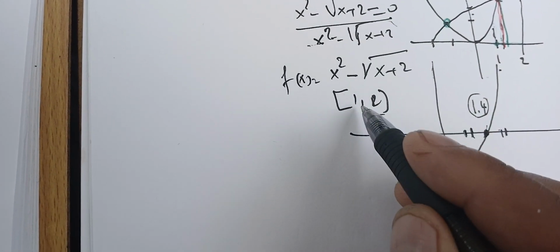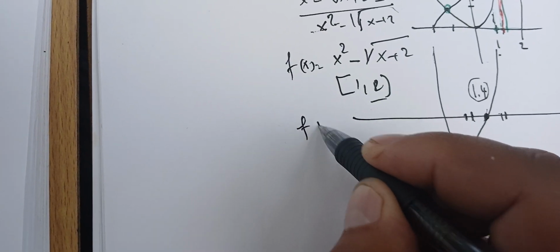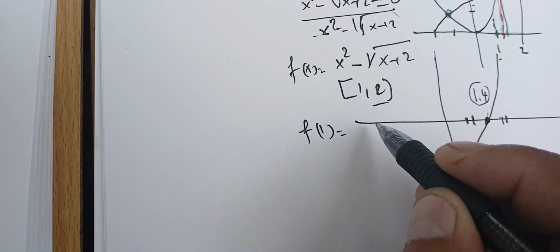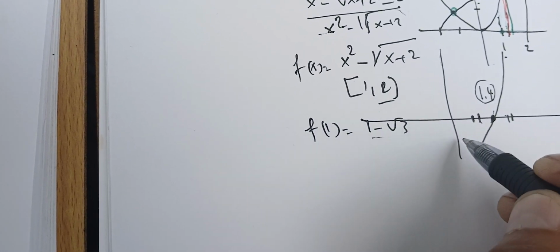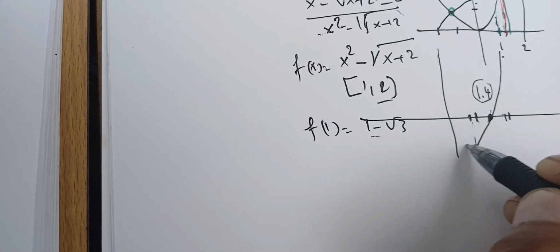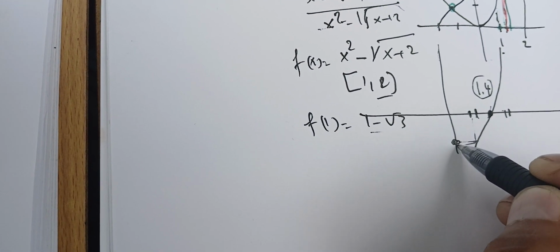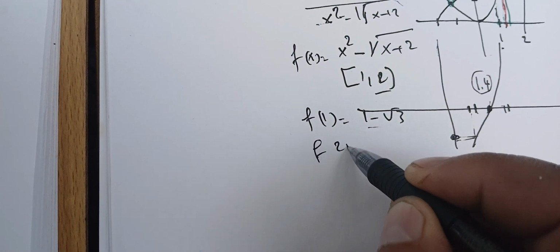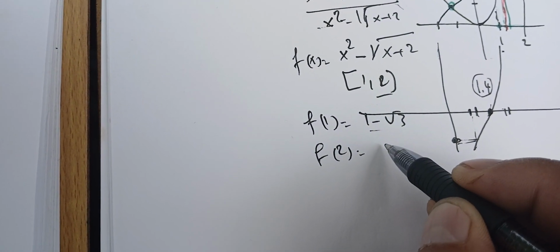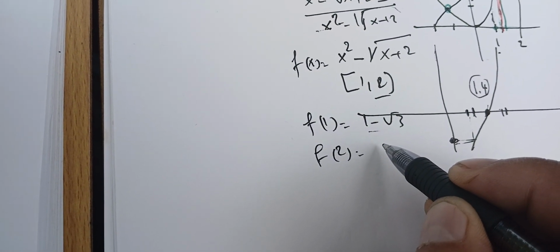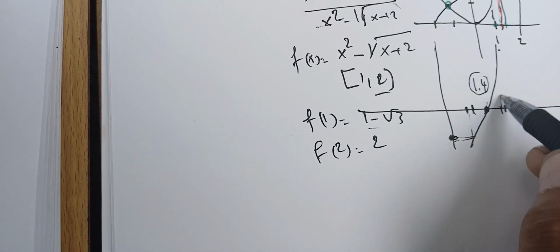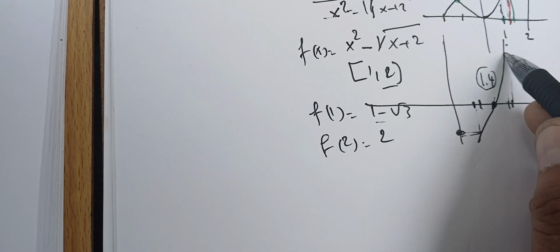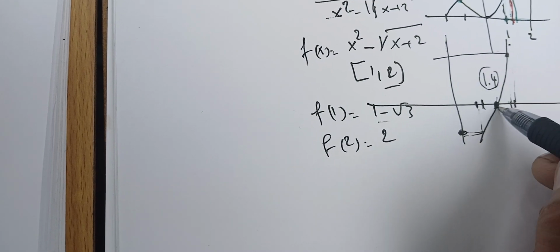So we have f of 1. f of 1 is 1 minus square root of 3. So f of 1 is negative, this is this value. And f of 2 is 4 minus 2, that's 2. So let's say this is 2, that's here.